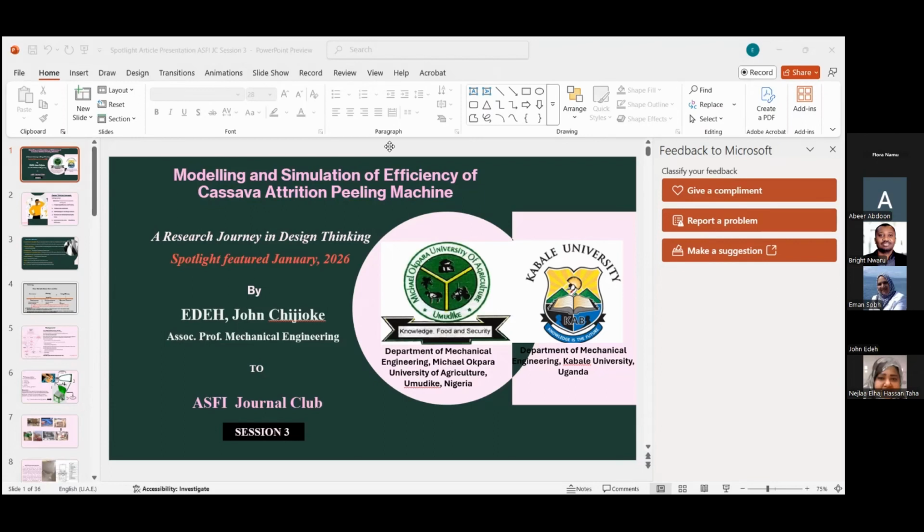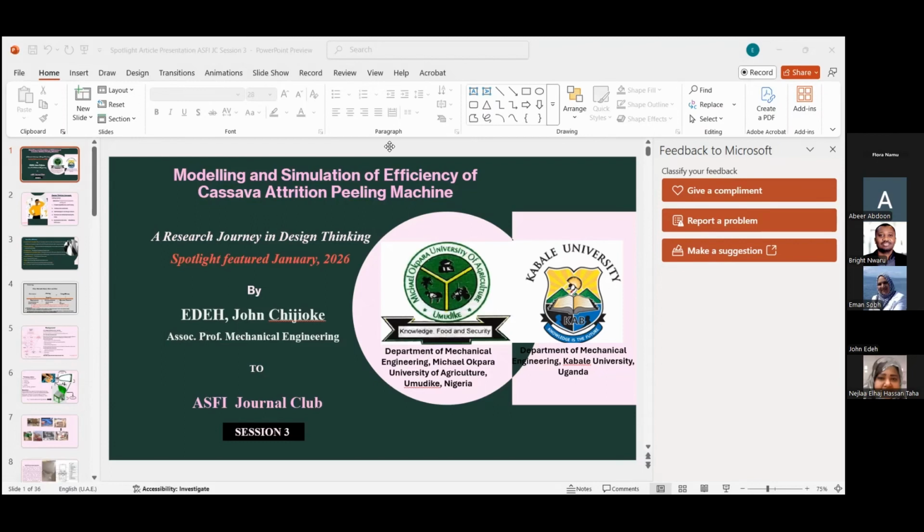And currently, with this concept we have with my team at Kabale University, we are trying to see how to adapt it to the peeling of matoke. Of course, the materials are not the same, but the concept applies. Matoke is the local name in East Africa for green banana, and it's a major staple food they consume there.